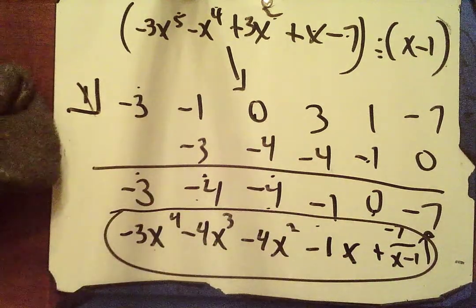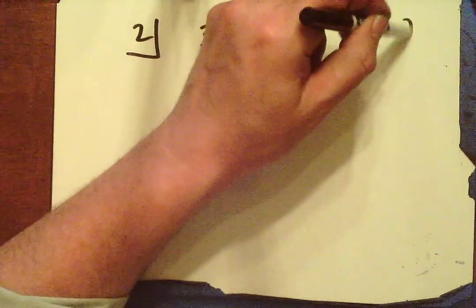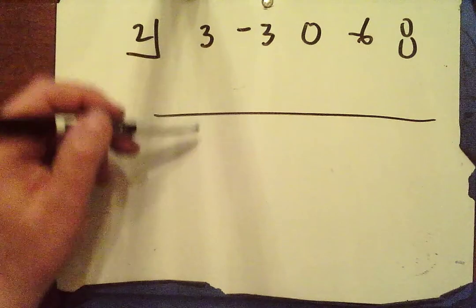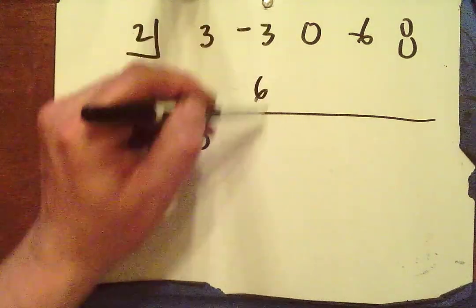All right, is there a b? There is indeed a b. So for part b, we've got 2, 3, negative 3, 0 placeholder, negative 6, 8. It's almost as though the problems were set up to continually remind you about 0 placeholders.